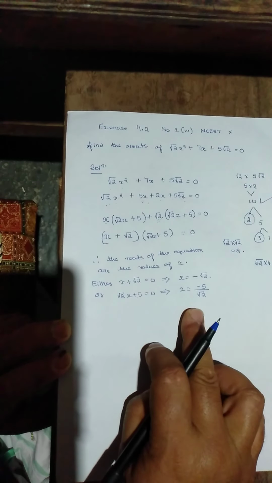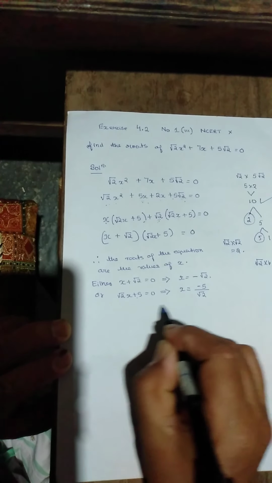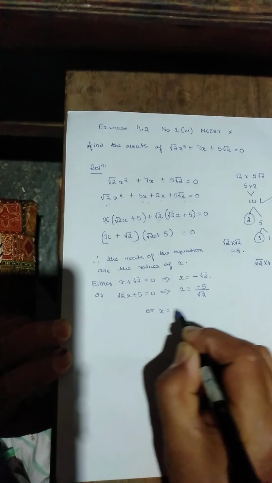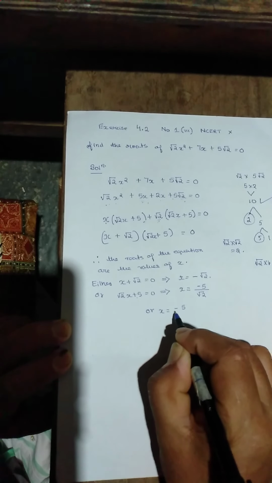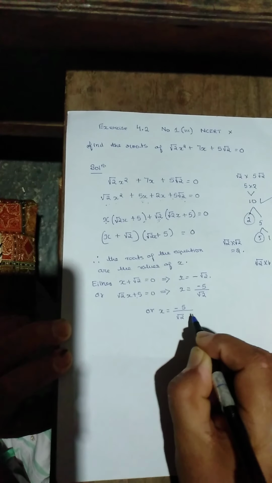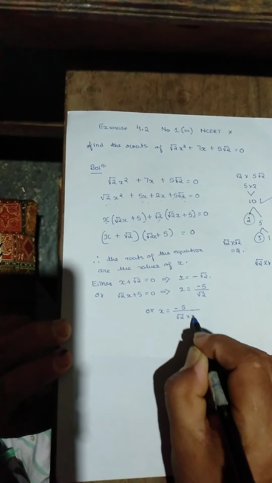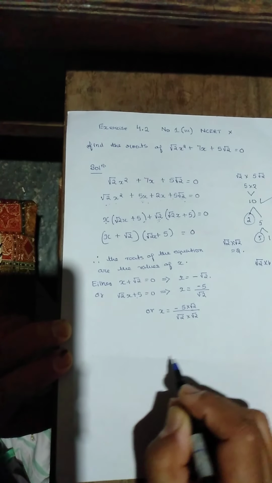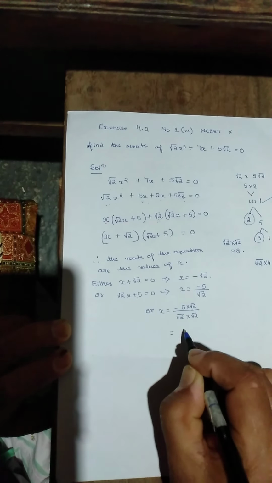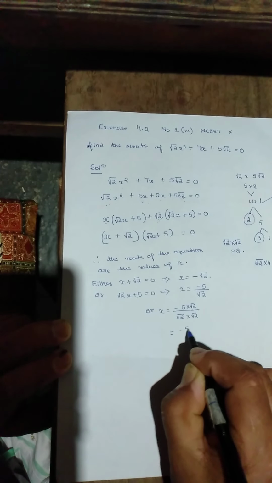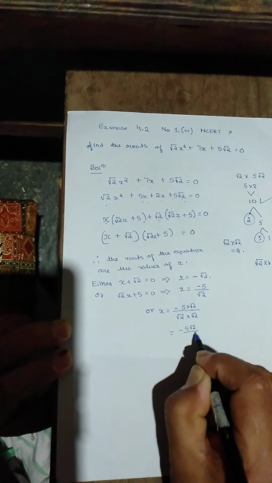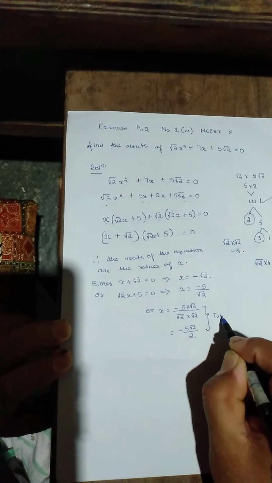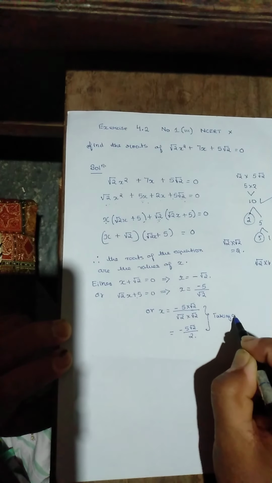You can write it this way, but you can start saying, or x is equal to minus 5 upon root 2, and multiply here into root 2, and also multiply into root 2, is equal to minus 5 root 2 upon 2. And what is the reason here? You can write taking conjugates.